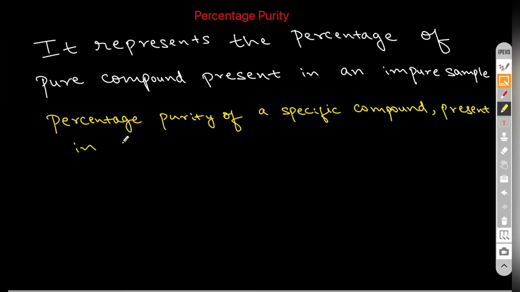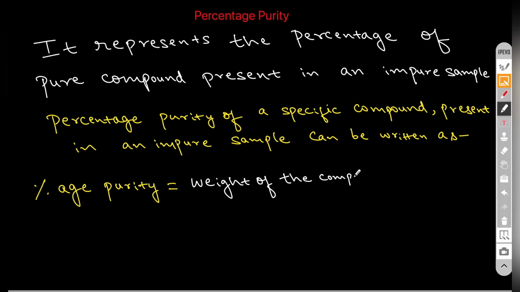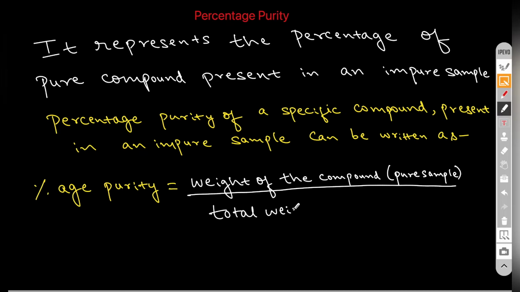or a specific sample present in an impure sample can be written as, we'll write the formula simply, that percentage purity will be equal to weight of the compound, which is the pure sample, divided by total weight of compound, which is the impure sample, multiplied by 100.